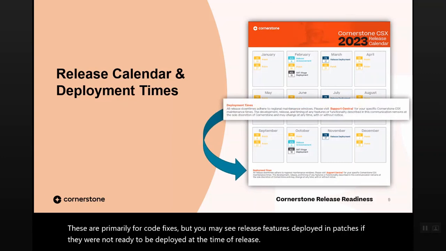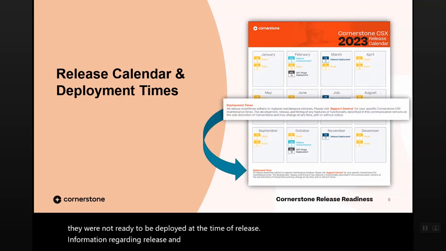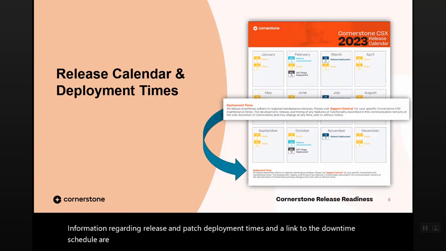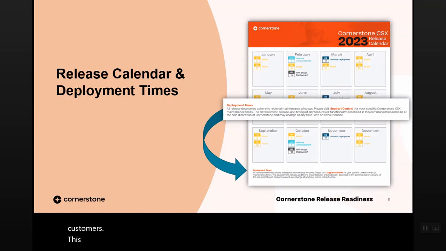Information regarding release and patch deployment times and a link to the downtime schedule are located at the bottom of the calendar and may sometimes be overlooked by customers. This is important information to know, so be sure to review this information and familiarize yourself with the downtimes.